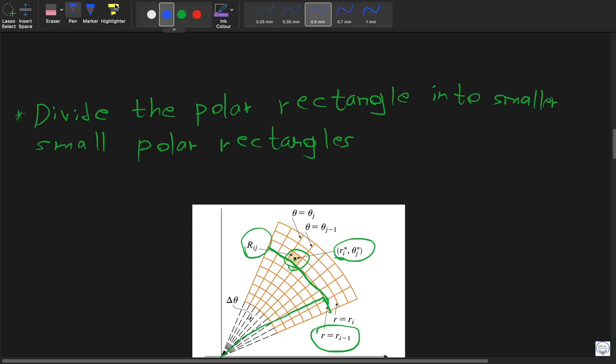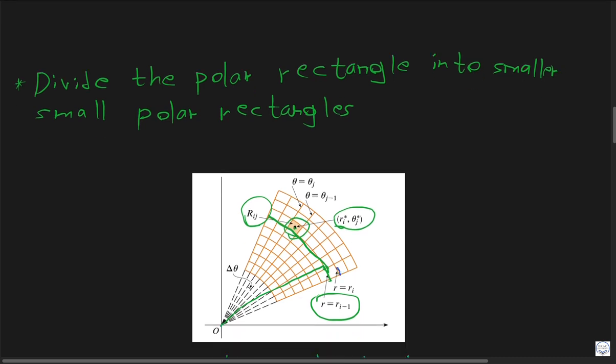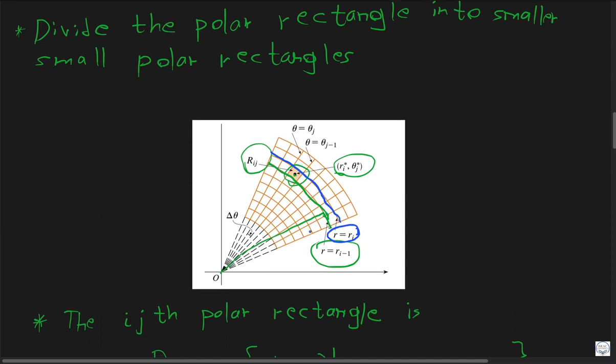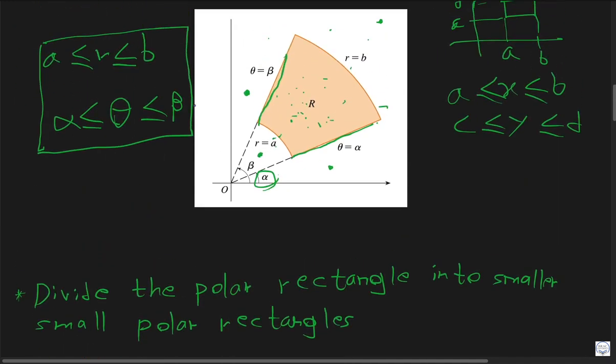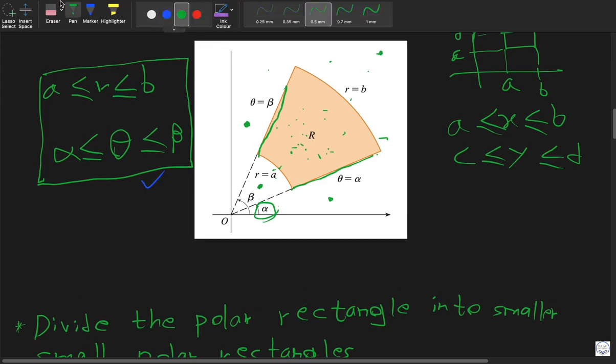let's use a different color for this one. This particular arc will have an r value of ri. So in order to find the ijth region, all we need to do is find the particular polar rectangle, which should look like this, and it's pretty easy to find.